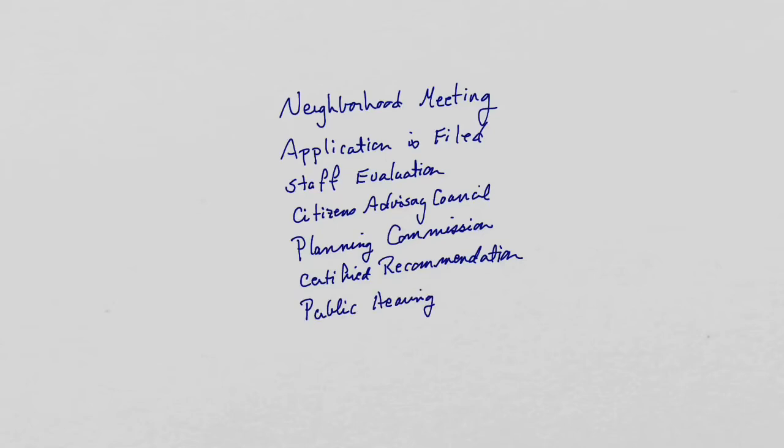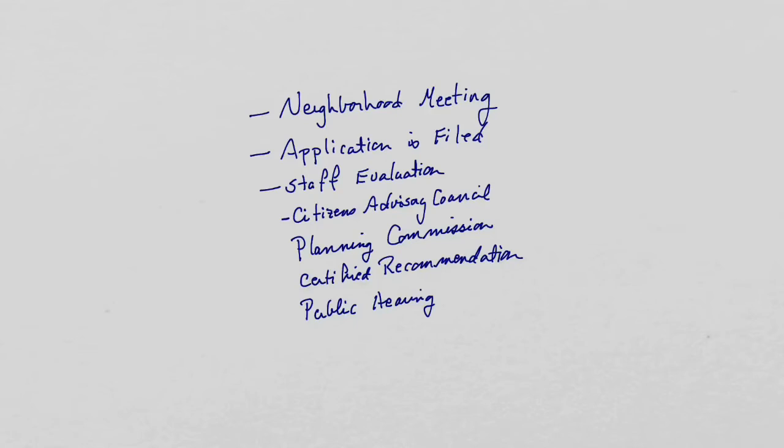To prepare for the public hearing, Council will receive a document that will include details about the neighborhood meeting. It will also include the application that was filed. It will include the staff evaluation. The staff evaluation will include a summary of what was discussed in the vote at the Citizen Advisory Council.